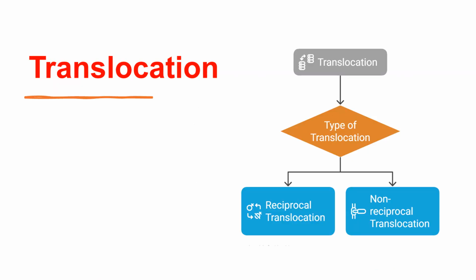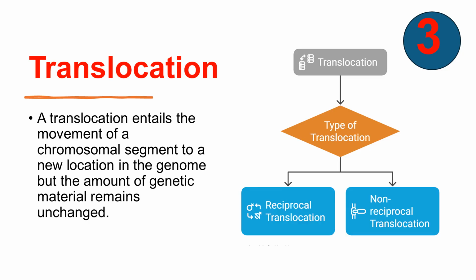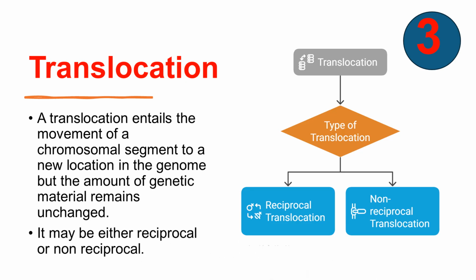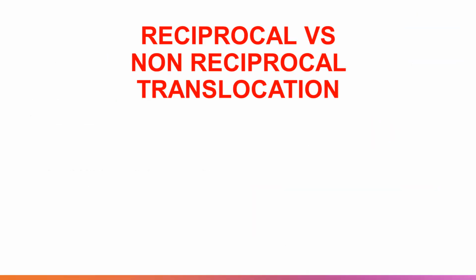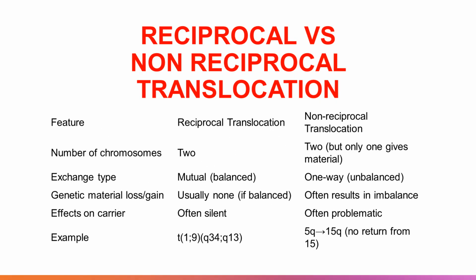3. Translocation. A translocation entails the movement of a chromosomal segment to a new location in the genome, but the amount of genetic material remains unchanged. It may be either reciprocal or non-reciprocal. Reciprocal versus non-reciprocal translocation.